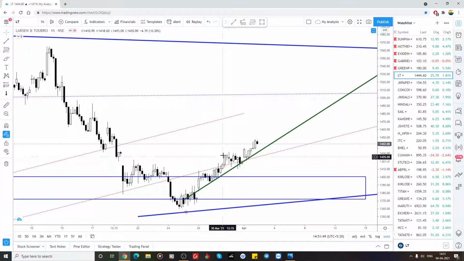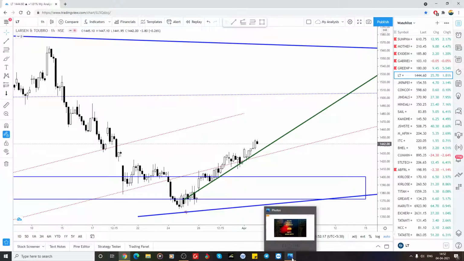So 1 2 3 and 4 and 5. So now after the three-wave structure we can make a stop loss for this at 1358, and then we can go for that after the completion of the three-wave structure. If you find that three-wave structure to end, we can make it a buy here at roughly around 1390 to 1400, making the stop loss of 1460, yeah, 1458.